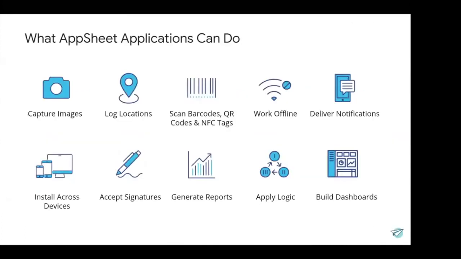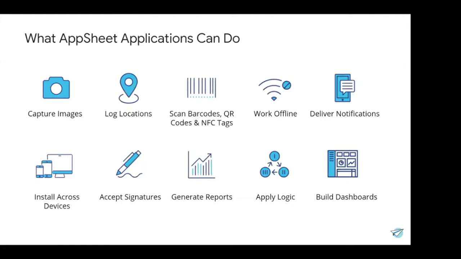What kind of capabilities you can have with AppSheet applications? You can capture images. We will do it today. You can apply some logic if you want to run some basic logic, like if this happens, then write this or display this, that kind of logic. We can read barcodes and accept even signatures.